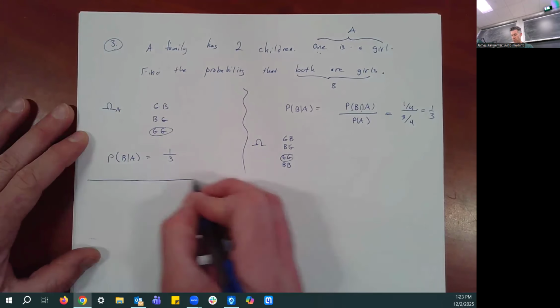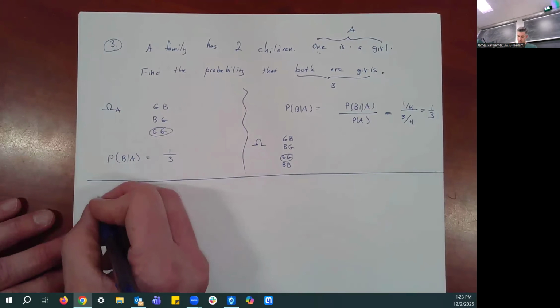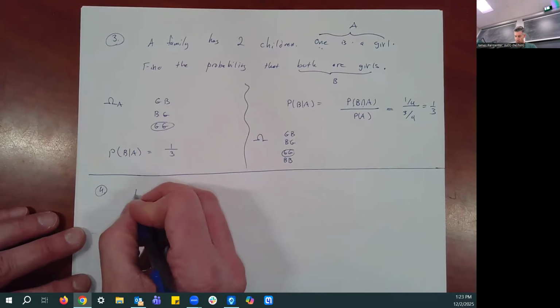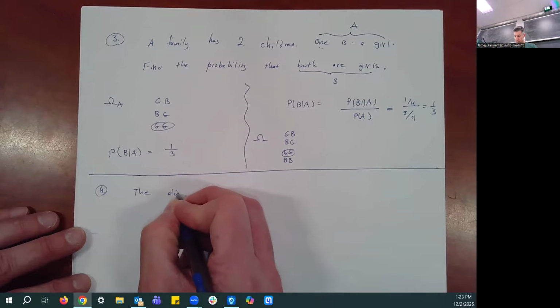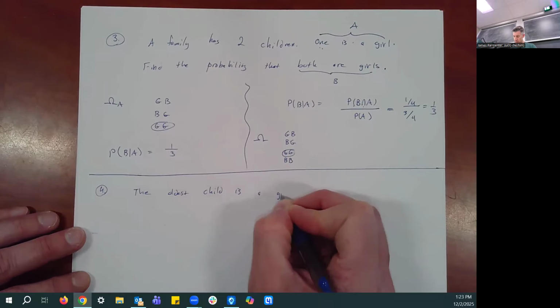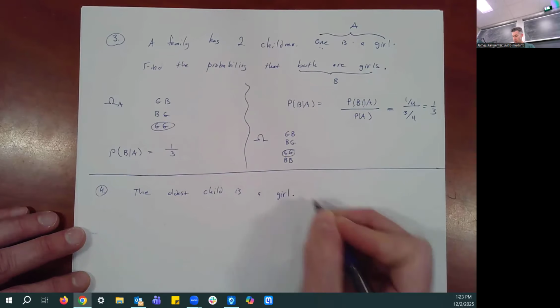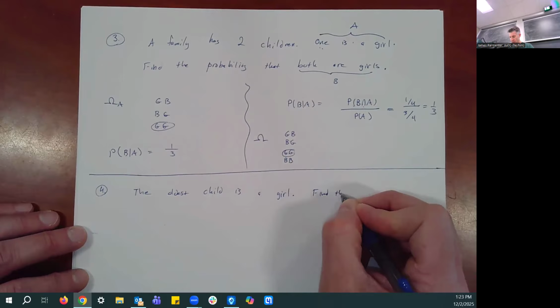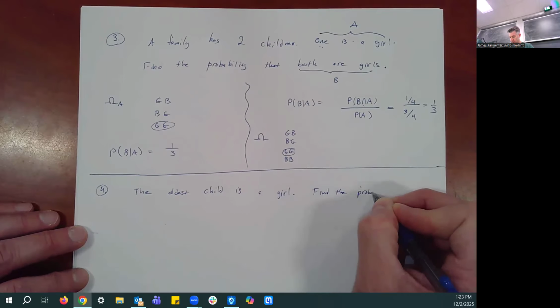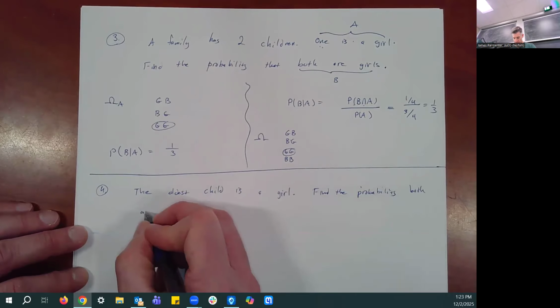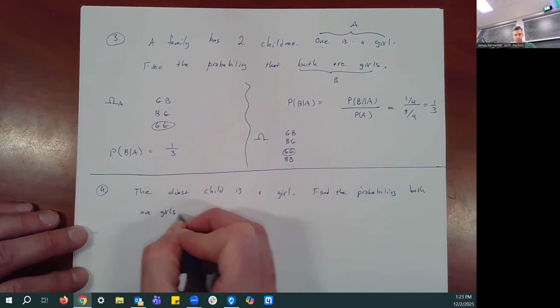So for example, if we said different family, two children, and we said the oldest child is a girl, and then we asked to find the probability that both are girls, it's a different situation.